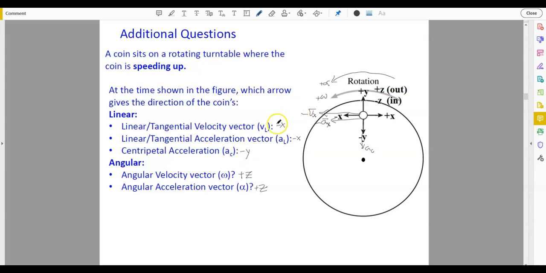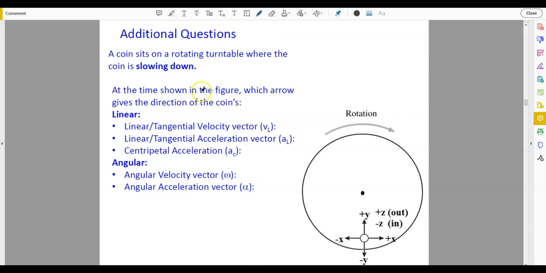So objects that are turning in circles can be a little complex because they will probably have a tangential velocity vector, a tangential acceleration vector, a centripetal acceleration vector, an angular velocity vector, and an angular acceleration vector. So they have five different or similar, depending on how you look at it, types of vectors acting on them simultaneously. Pretty neat. Okay. Let's try another case.